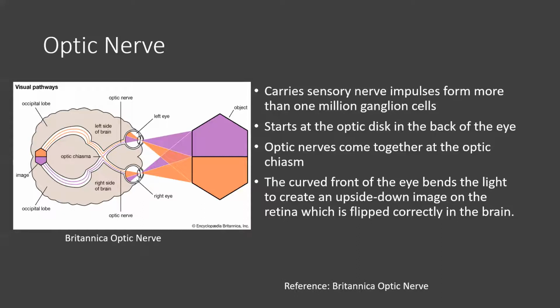And these basically are just the sensory signals from the ganglion cells that eventually create the image in the back of the brain. So the front curvature of the eye causes an upside down image in the retina itself, but then the back of the brain is able to flip that over and create the correct image we see.